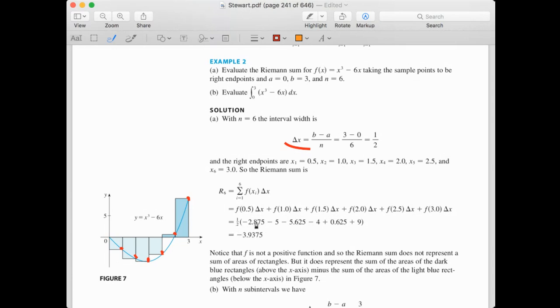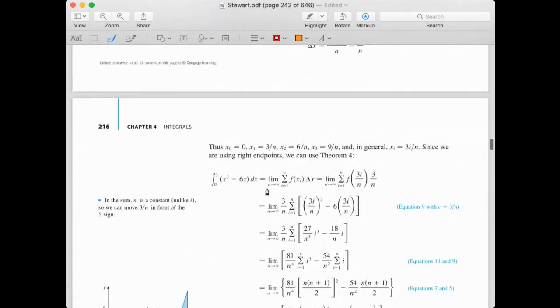So half times all those, add up, and we get negative 3.93 something. So why do we get negative? Because the area below is more than the area above. So we have this pure mathematical area. Now, let's see part B. B says evaluate this.